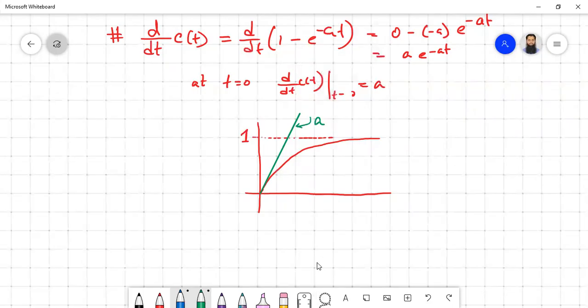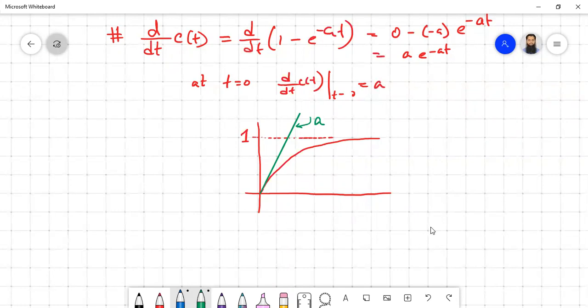So this is how you can also calculate the value of a. So this is your first performance specification, the time constant. The time constant Tc is basically 1 by a, where a is your exponential frequency. In different ways you can calculate that.